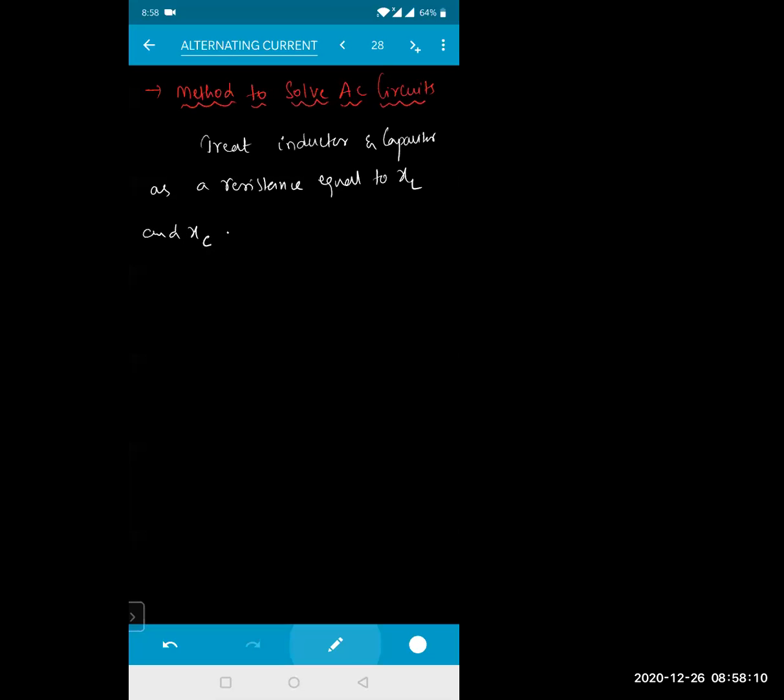Where series and parallel comes, apply the same series and parallel combination logic for that.